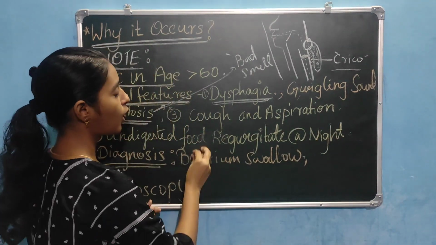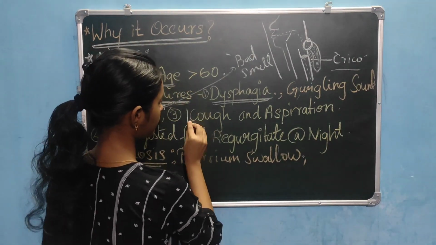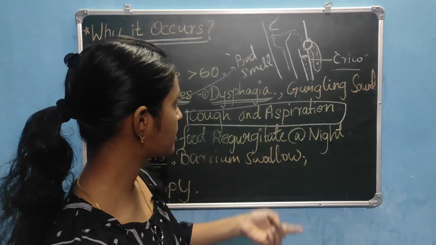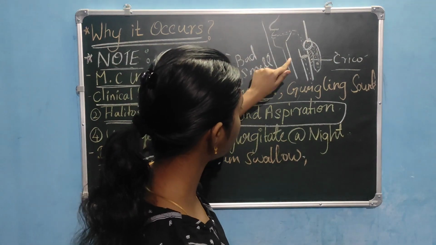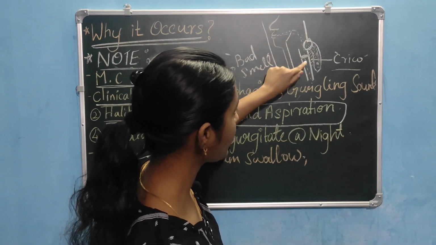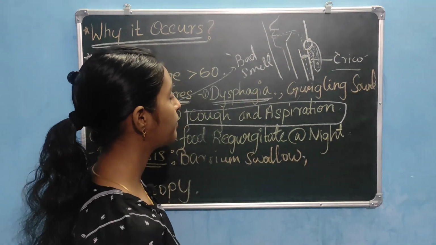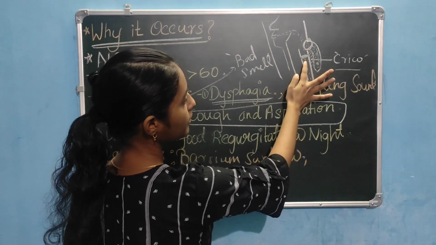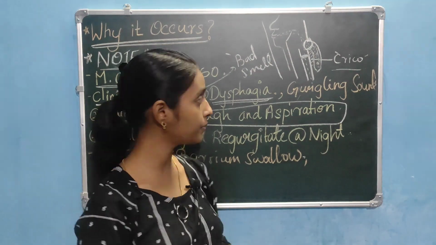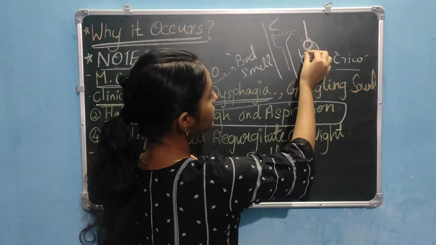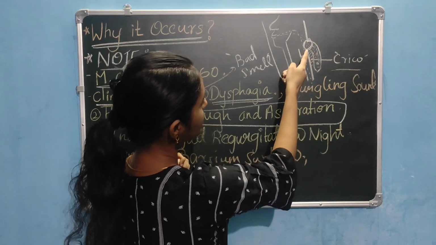And cough and aspiration. You must know why it occurs. I told you this is the esophagus and here is the Zenker's diverticulum, and the main part is before the esophagus. What we have is the trachea.